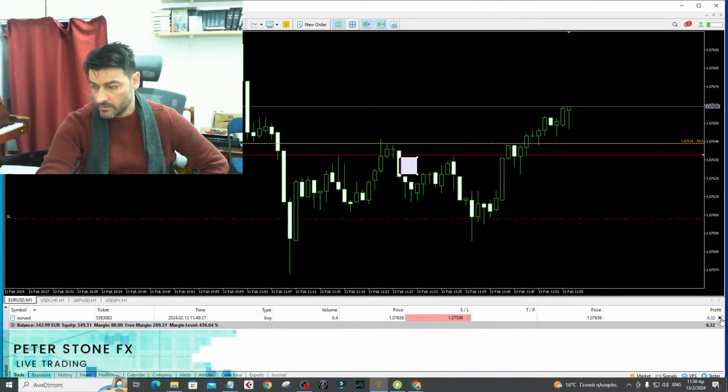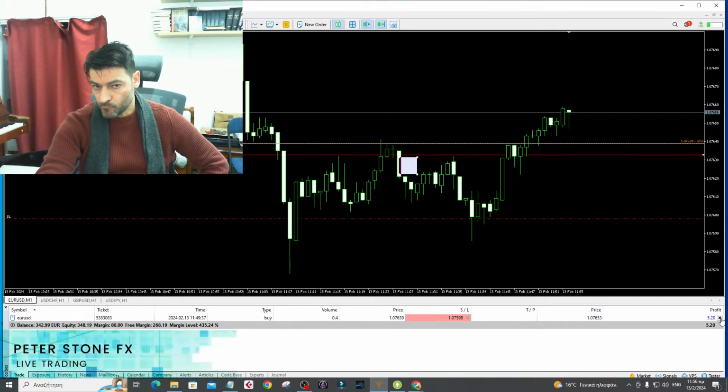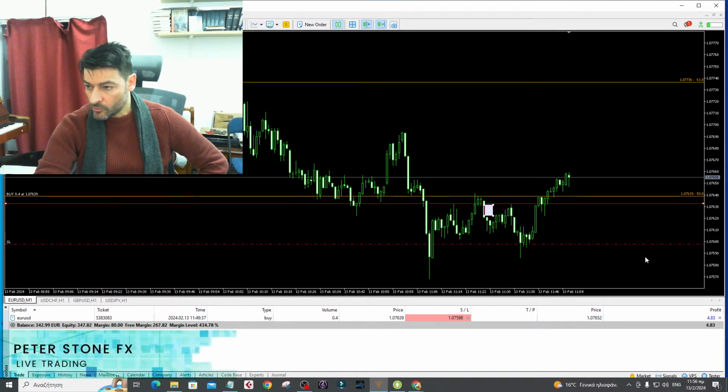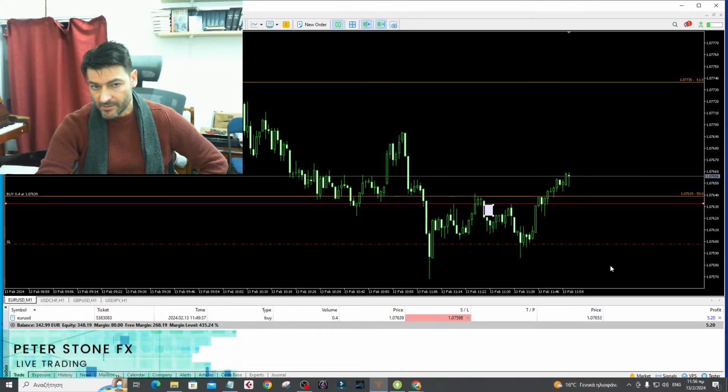I'm not sure if this movement will continue because it's probably the fake move before the news. So I closed my position because I didn't want to take this hit, because I don't know how high it will go. It will go even here.